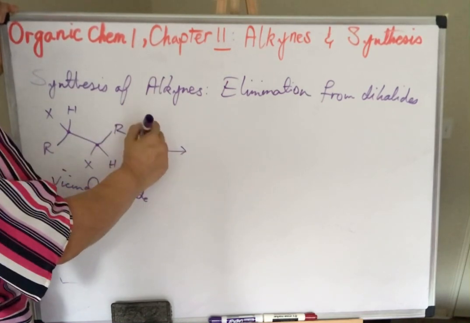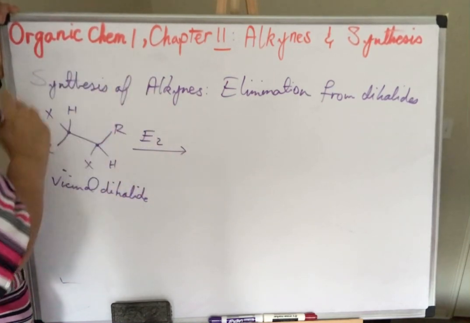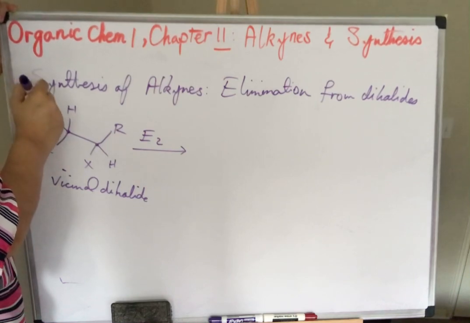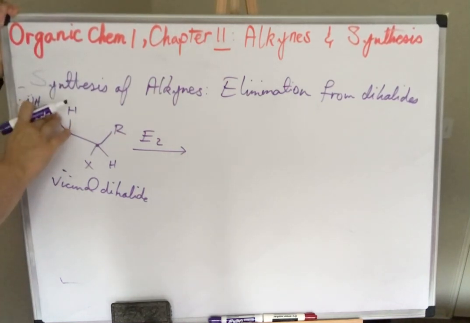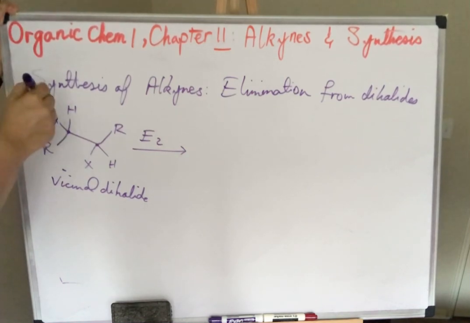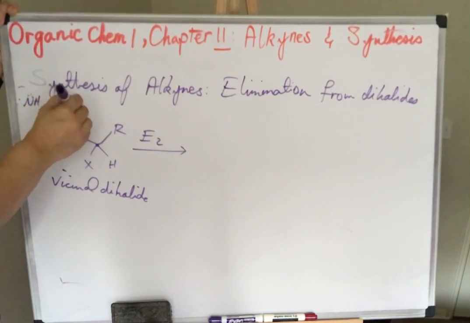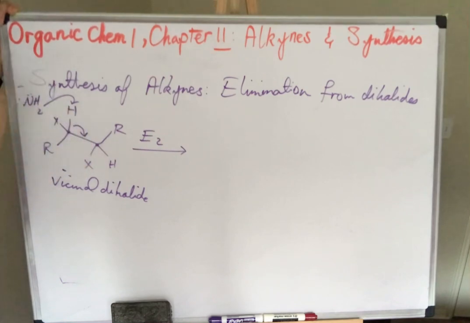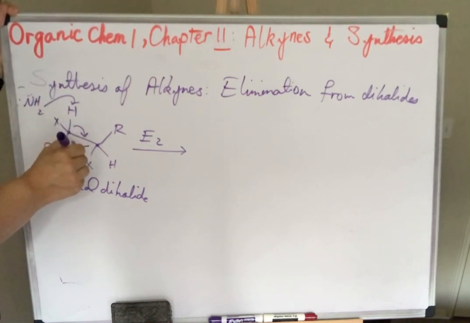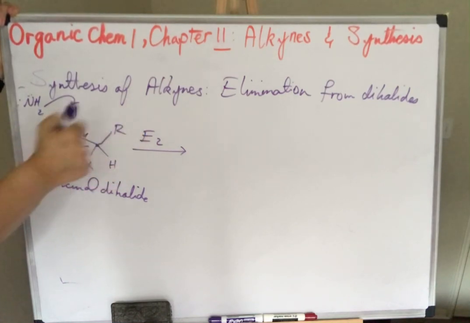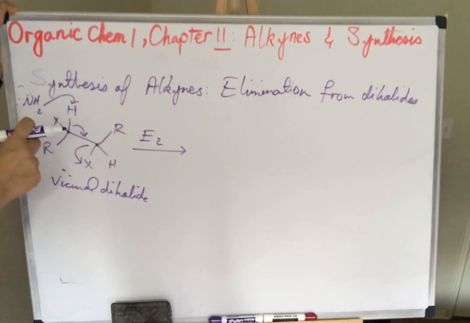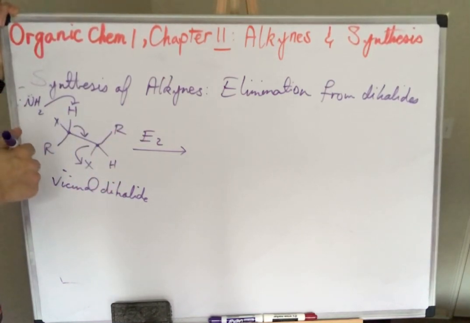Through an E2 reaction with a base, the best base is NH2, one of the best bases. So the base grabs hydrogen, the electrons fall, and the halogen in the anti-position leaves. Remember, for E2 you must have an anti-position, hydrogen and halogen.